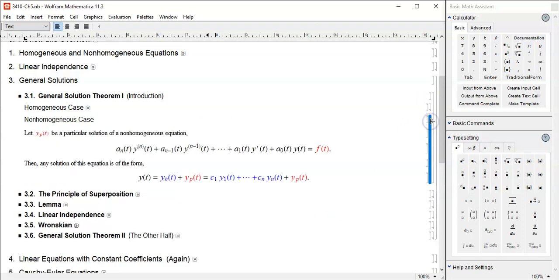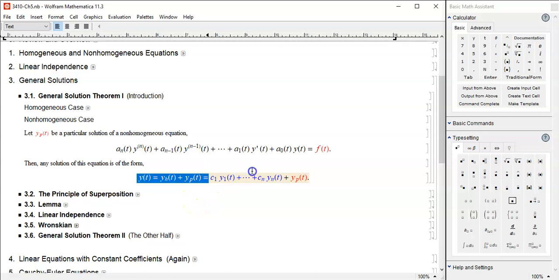How about the non-homogeneous case? If yp is a particular solution of this non-homogeneous equation, then the general solution is always in this kind of form: the solution for the homogeneous part plus that particular solution.